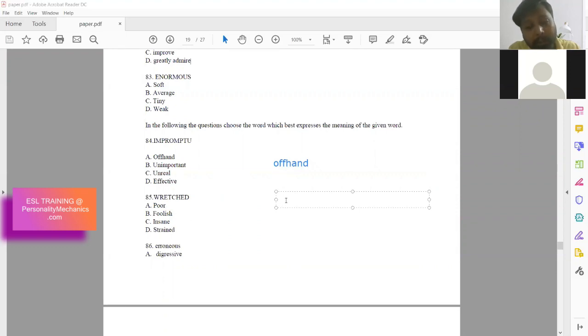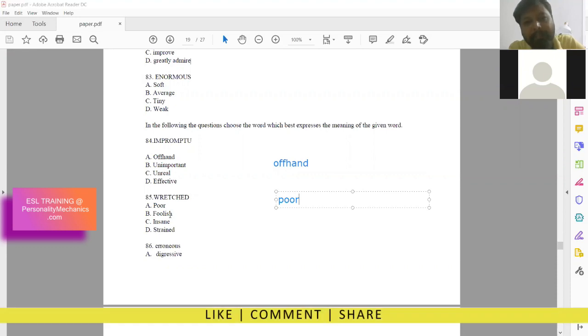I would want a powerful word that is better than strained, so I would say poor. Poor is the one that is the nearest in understanding. Insane will mean crazy. Foolish means somebody who does not have intelligence, and strained means something that is under stress. But when I'm talking about wrecked, I'm talking about someone who is destroyed, somebody who is in a state of sorrow.